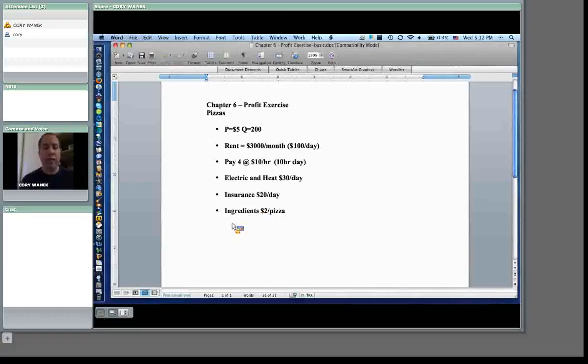What you need to calculate is what is total revenue. What would be the fixed costs? What will be the variable costs? And total cost.